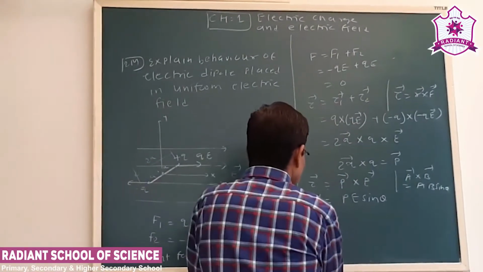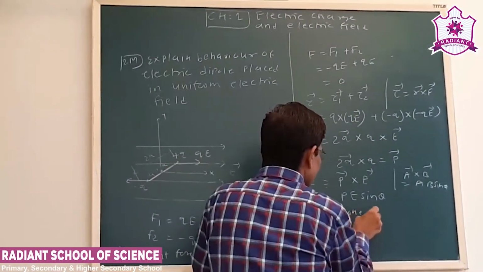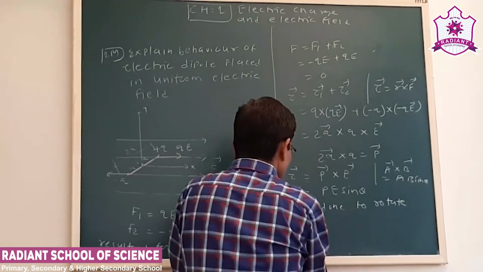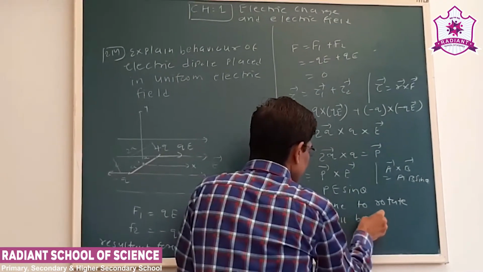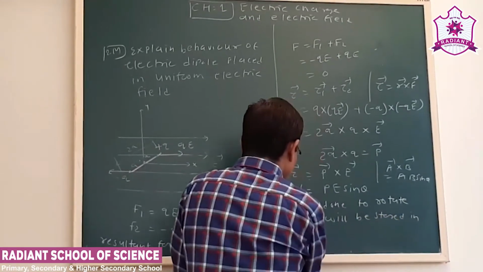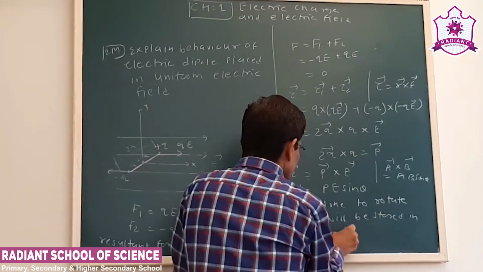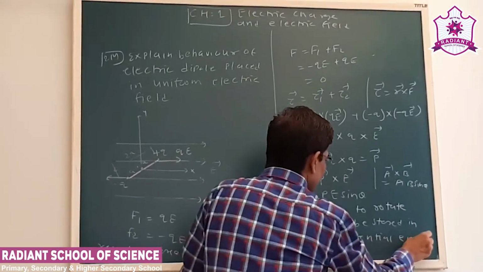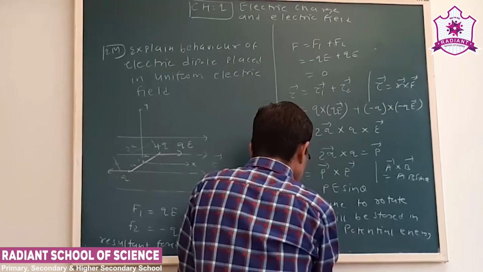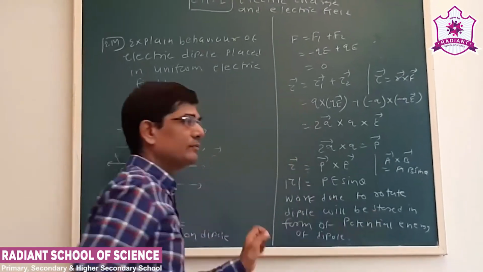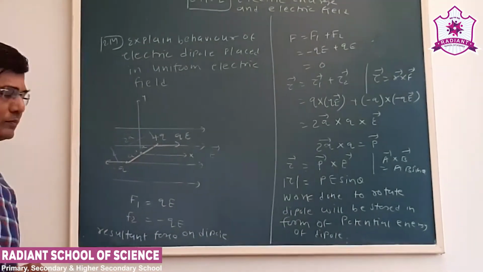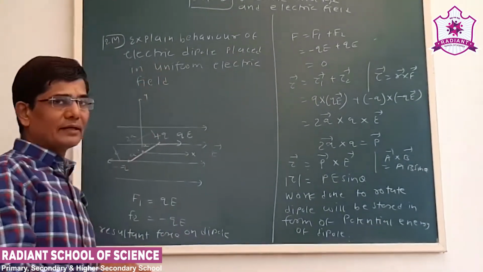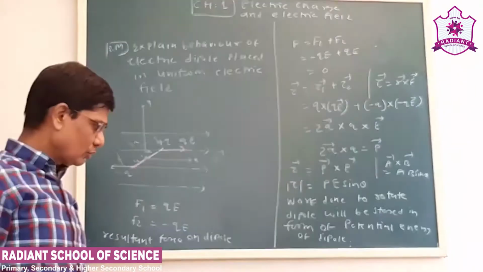Work done to rotate the dipole will be stored in the form of potential energy of the dipole. Now what does this indicate? Whenever a dipole is placed in a uniform electric field, it performs rotational motion.